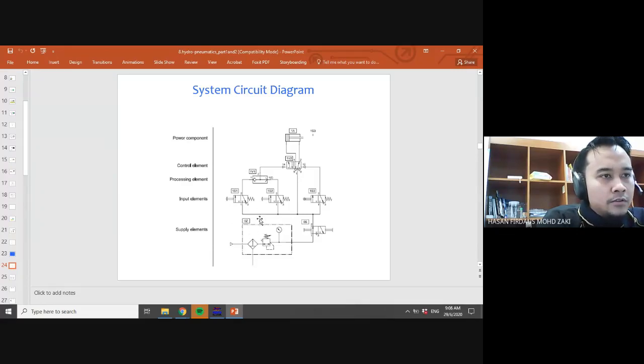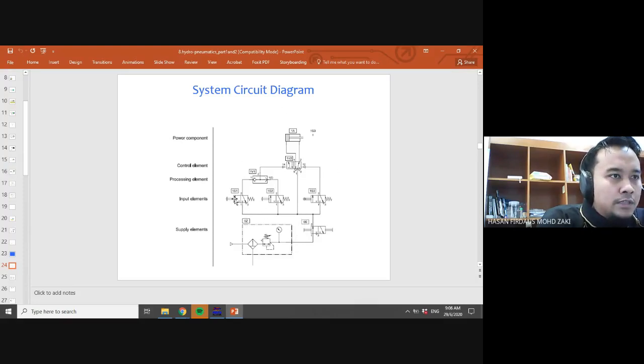Then you have this one, which you call the safety switch. At the bottom is the power source, or the supply elements. This one is not important for the design; what is important is what comes after.